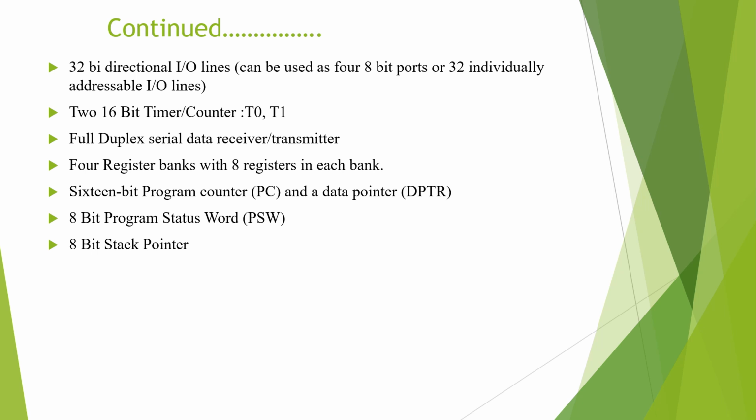There are 32 bidirectional IO lines, because 4 IO ports are available in the 8051, and all 4 are 8-bit ports. There are also two 16-bit timer/counters, denoted by T0 and T1.